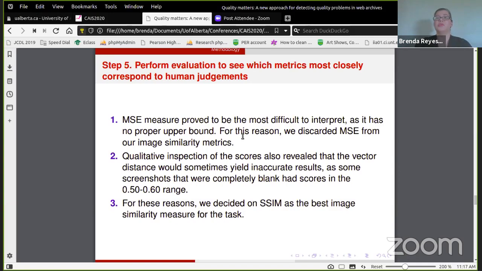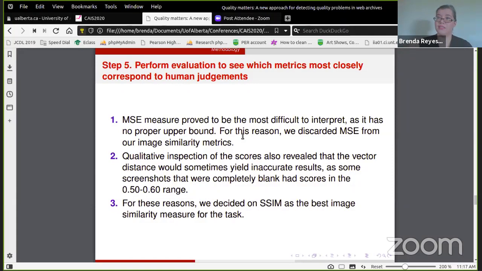So MSE was the most difficult to interpret as it has no proper upper bound. As we saw before, you can have a value anywhere from 1,000 to 5,700 to 5 million, right? So there's no upper bound really, and we're not sure that we can determine the quality from this.